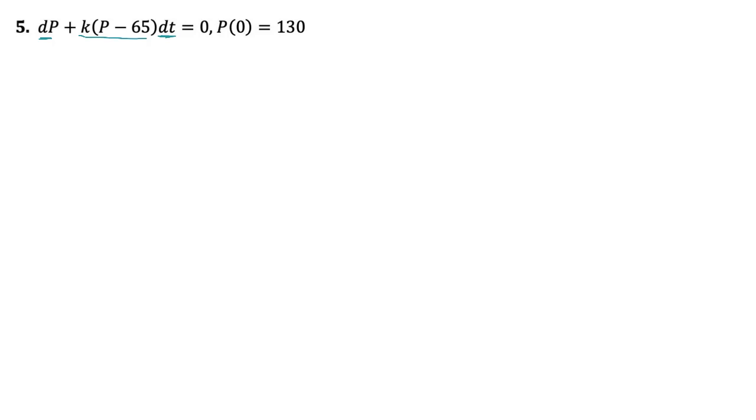So we're going to have dp equals negative k times p minus 65 dt. And so to get the p minus 65, we're going to have to divide both sides by p minus 65.